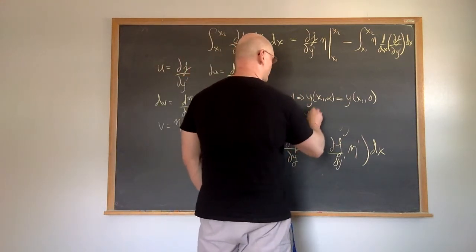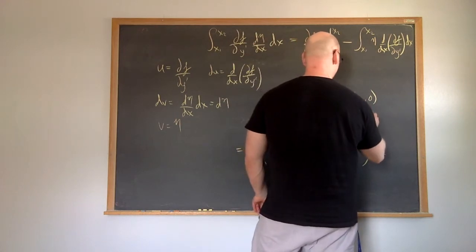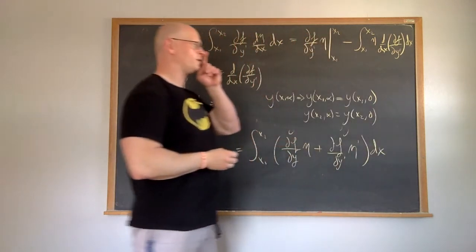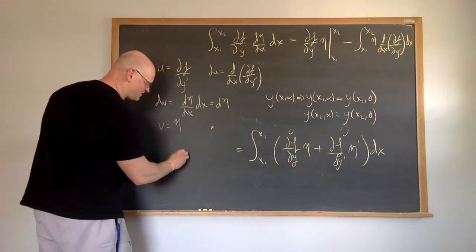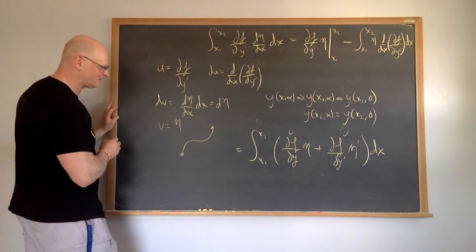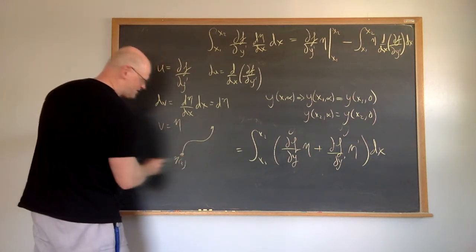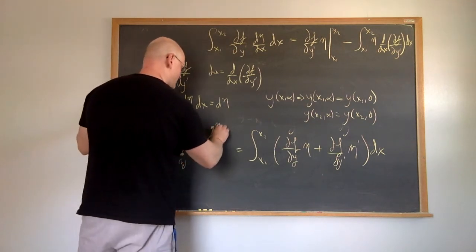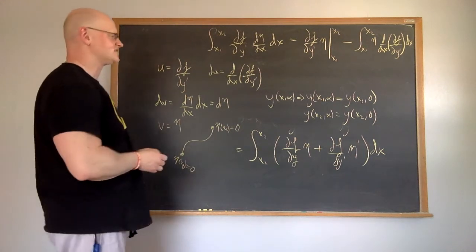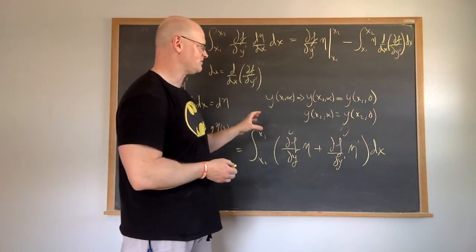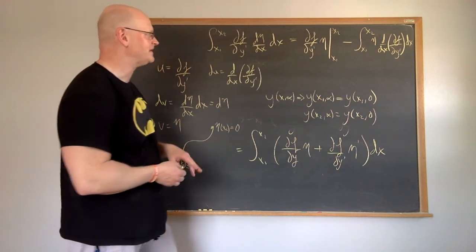And this also tells me that y of x2 of alpha must be equal to y of x2 of 0, right? When alpha is equal to 0. And again, the reason for that is, if you think about the path, these 2 points are fixed. So as this thing is moving from here to here, what that means is that the value of eta at the 2 different boundaries must be equal to 0. Right? Because the only way to get this equal to 0, based off the original function, is that eta evaluated at the boundaries must simply be equal to 0.